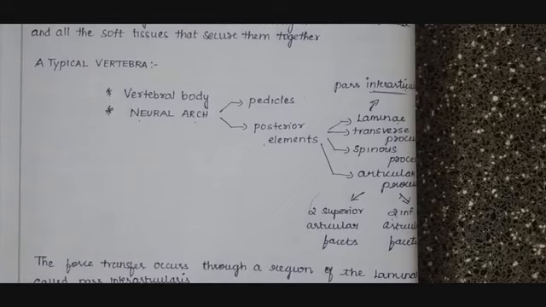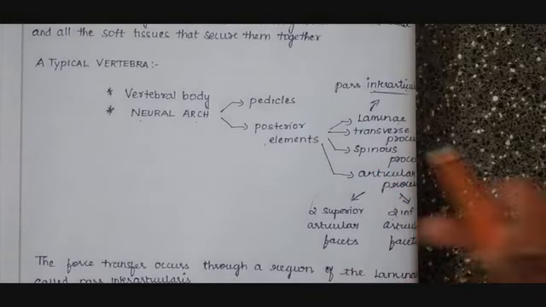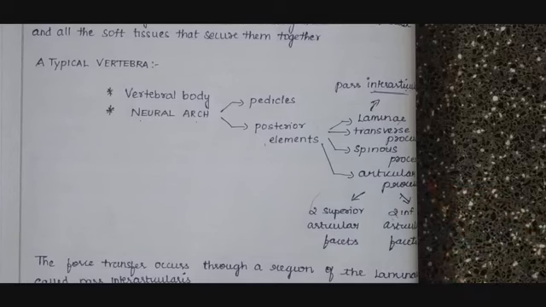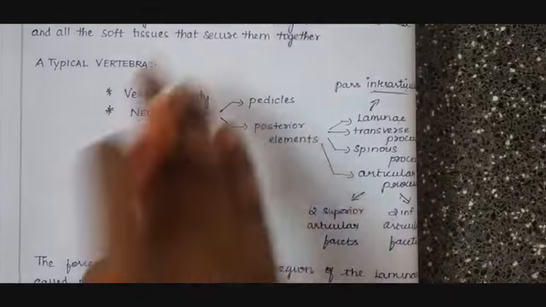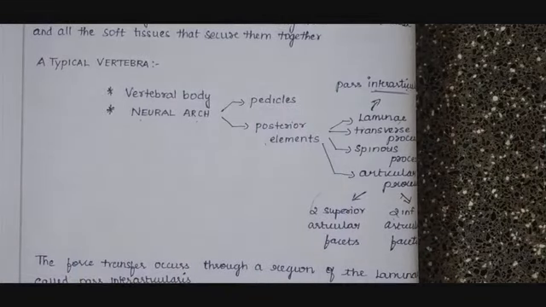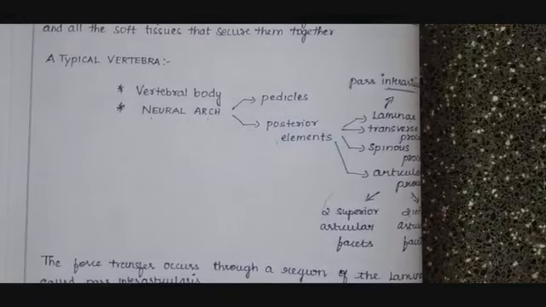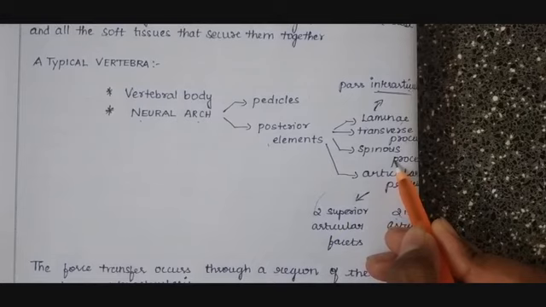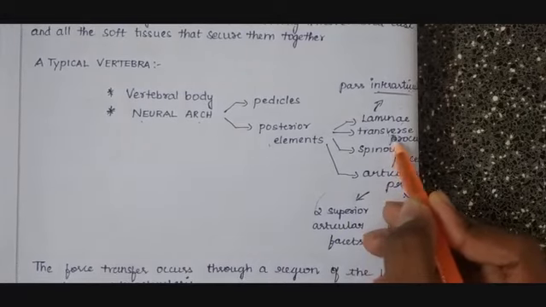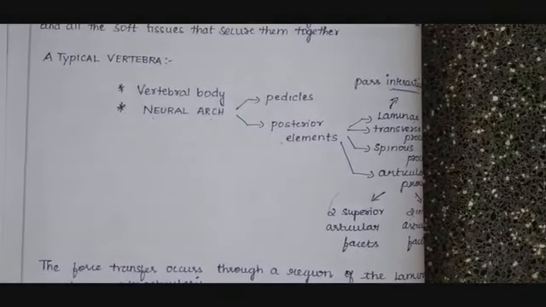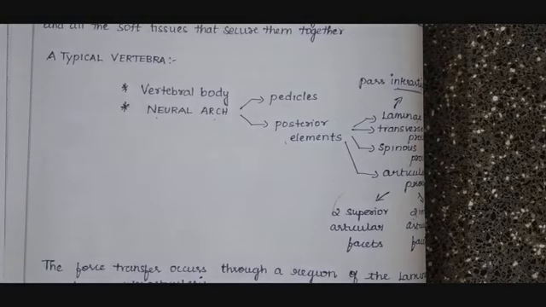Any force from the posterior element, either from the laminae, the transverse process, the spinous process or the articular process, is transferred to the vertebral body via the pedicle. For example, if the force is transferred from the spinous process to the transverse process and to the laminae, from the laminae it goes to the pedicle, and from the pedicle it transfers to the vertebral body.